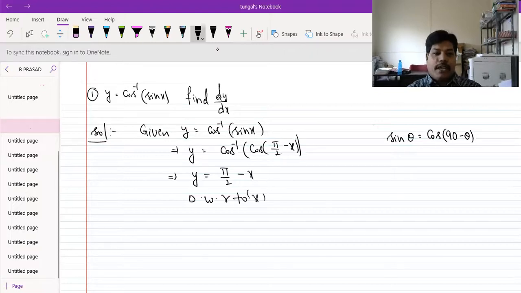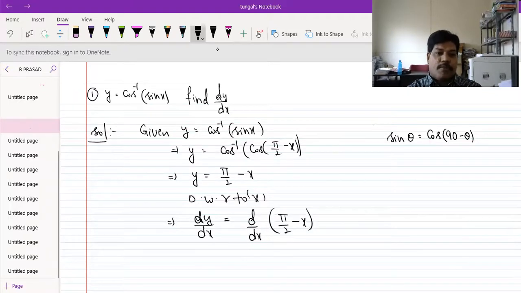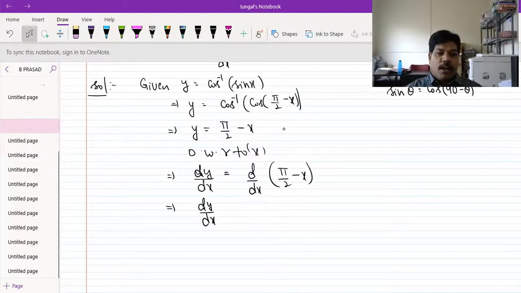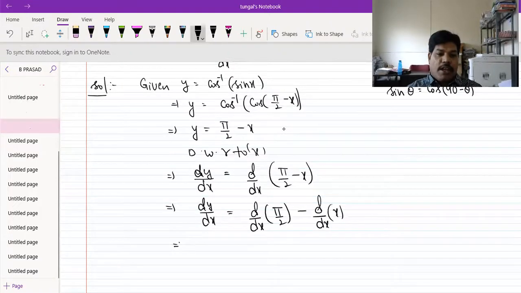That implies dy by dx is equal to the derivative of pi by 2 minus x. Then dy by dx is equal to derivative of pi by 2 minus derivative of x.